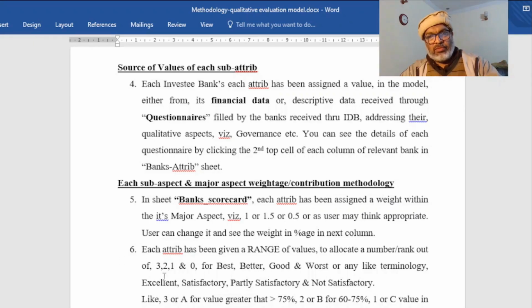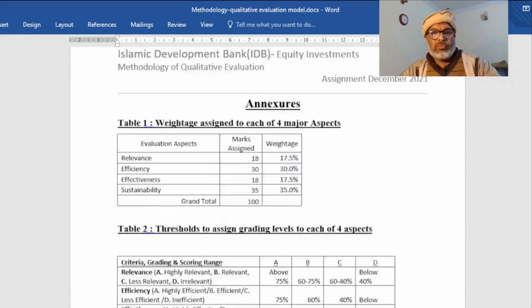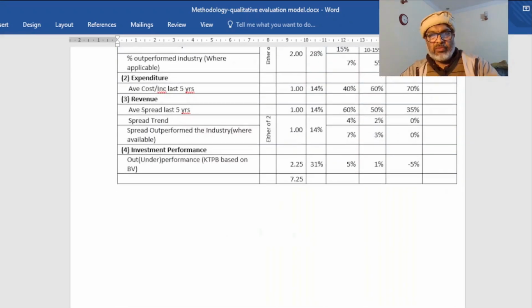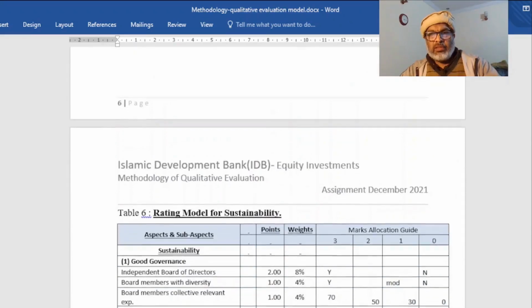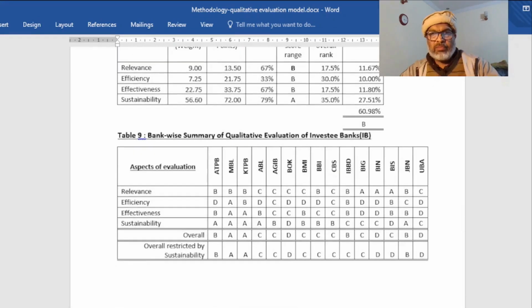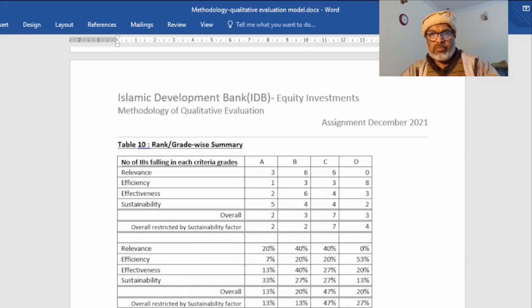And then the score levels were determined for best, better, good, and worst. Then overall scores were given to each bank and they were compared among themselves. So that is how I determined the performance evaluation of each investment of Islamic Development Bank.